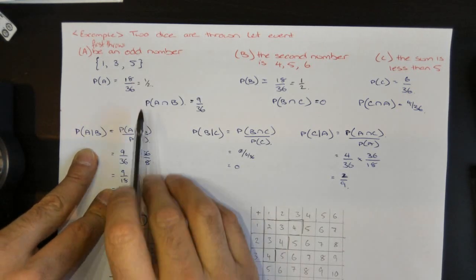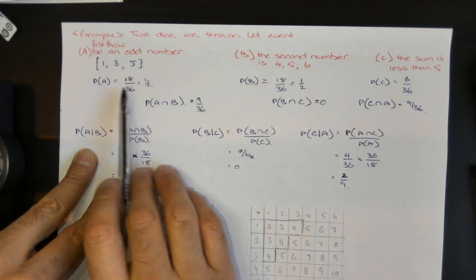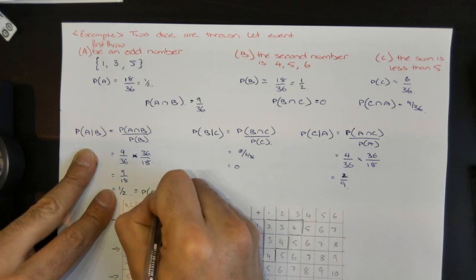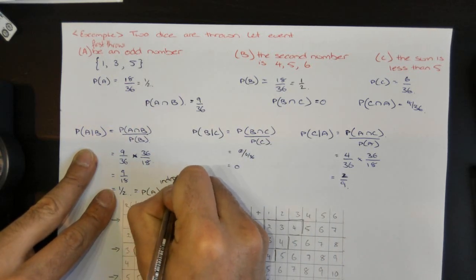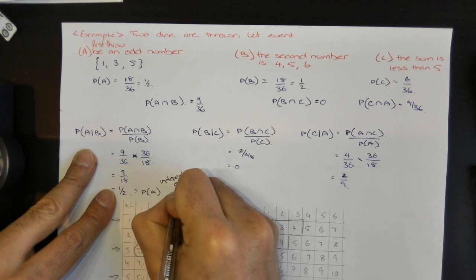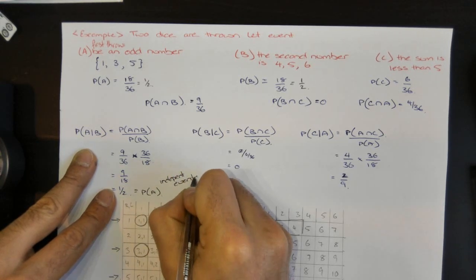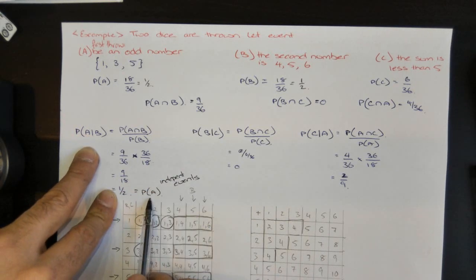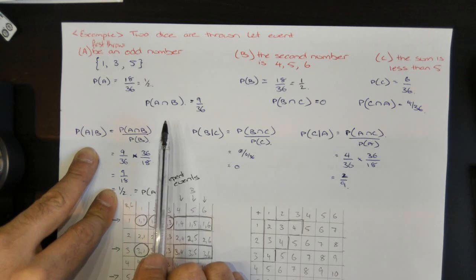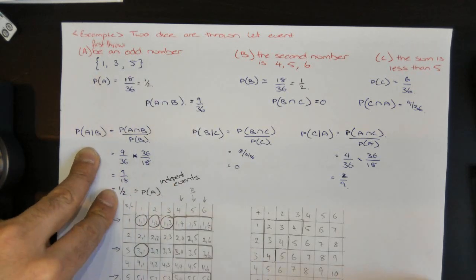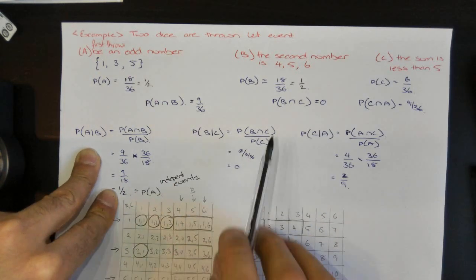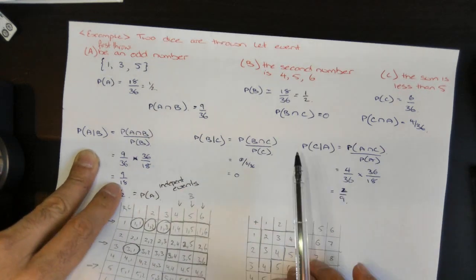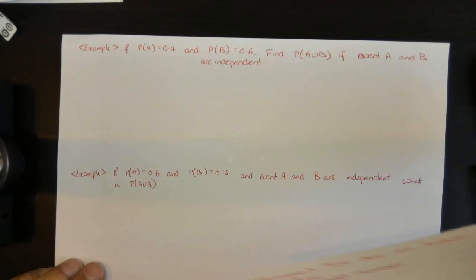So we actually know that this situation is an independent experiment. These are independent events, because the probability of A given B resulted in the probability of A. Throwing an odd number doesn't impact the second number being 4, 5, or 6.